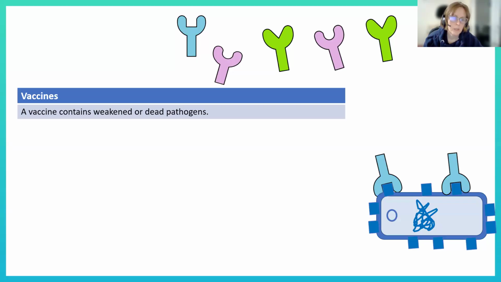So we can do that by giving bits of the virus in the vaccine, not the whole virus, just bits of it, the surface protein. So this is a bacterium here, and you can see these antibodies are recognizing these square-shaped antigens on the surface. So rather than give the whole pathogen, you could just give the square-shaped structures.